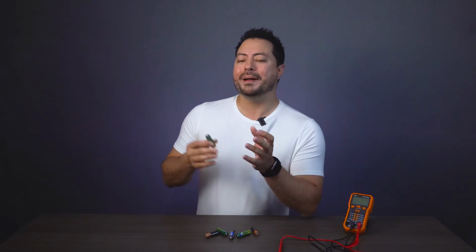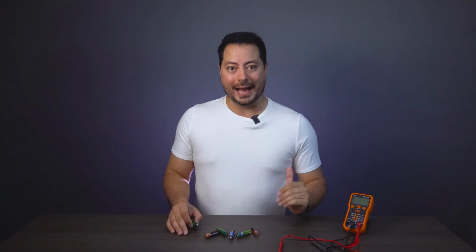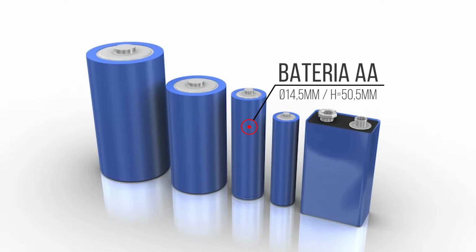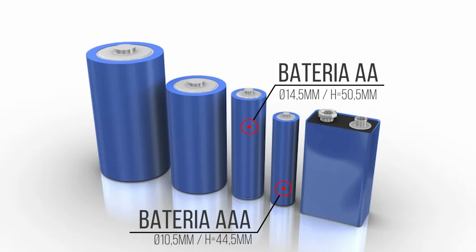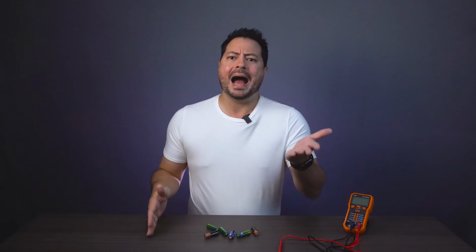Now, when you see a AAA battery, it means that it is smaller than the AA. The AAA battery is about 10.5 millimeters in diameter and 44.5 millimeters in height, and it is also known as the palito battery. But you might be wondering, if the AAA is small, why is the AAAA even smaller? The logic is simple. The more letter A's you see, the smaller the battery.